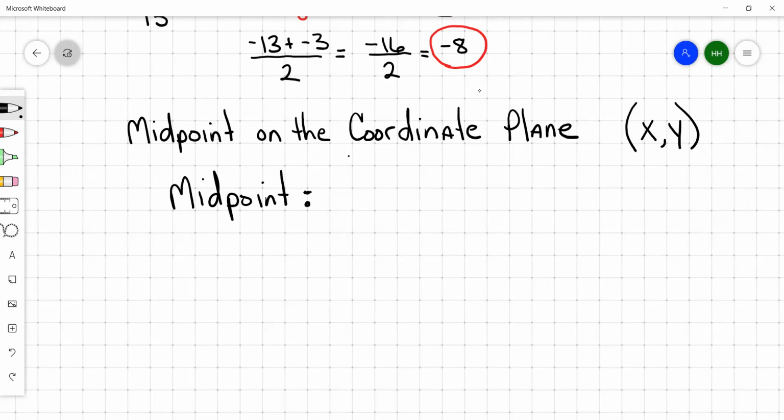To find the x value at the midpoint, you take your x sub 1, add it to your x sub 2, and divide by 2. And to find the y coordinate at the midpoint, you take your y sub 1, add it to your y sub 2, and divide by 2.